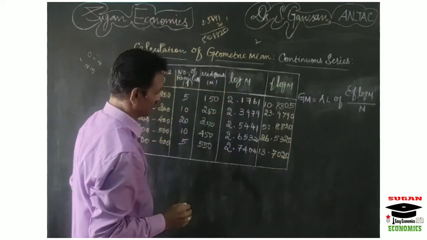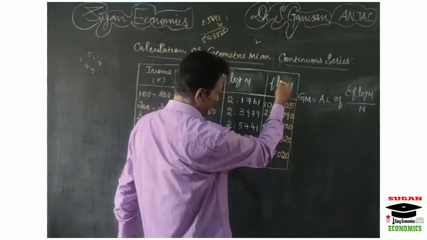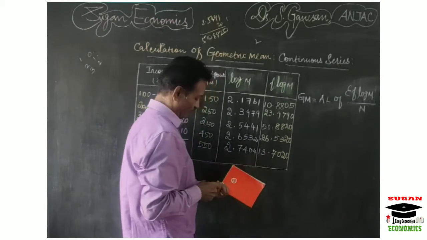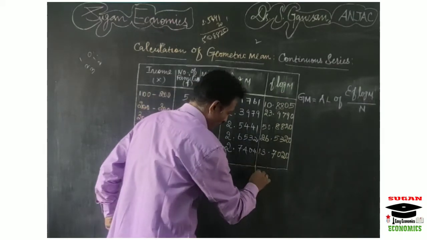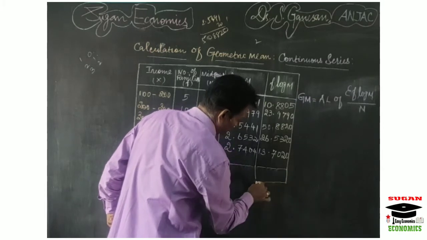So this is equal to 13.7020. So now we have calculated the f log m value. So now what we will do, we have to take the total of f log m.